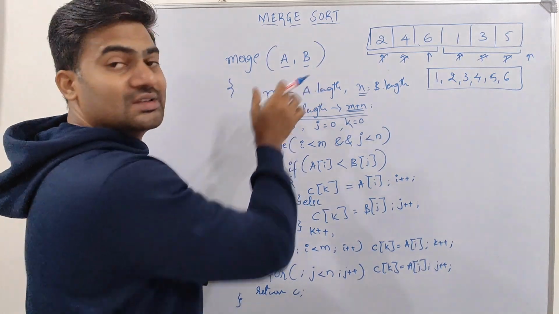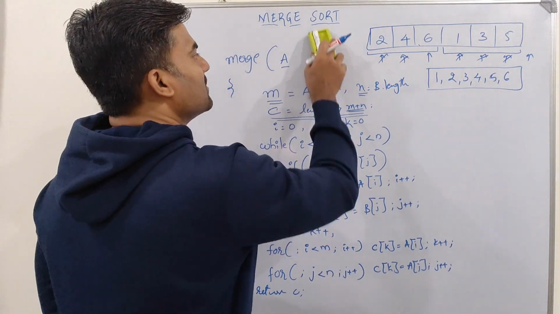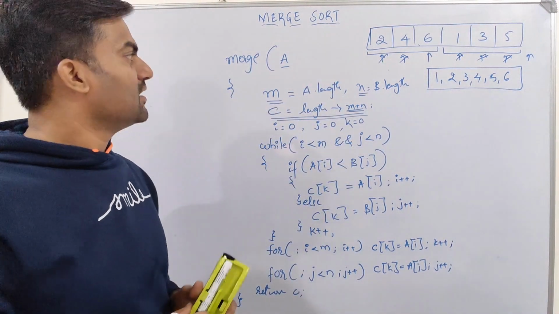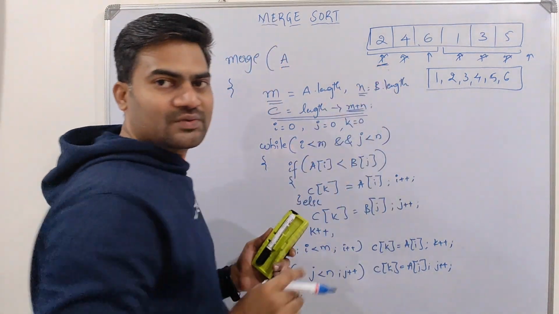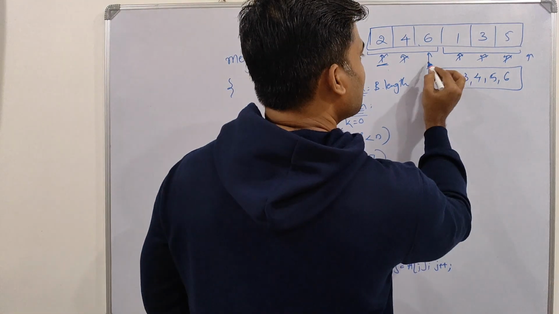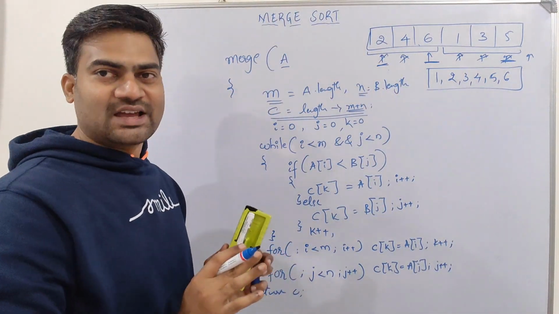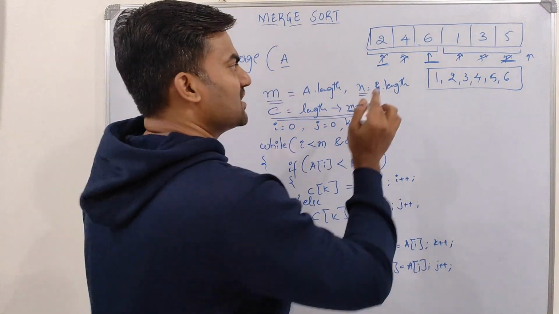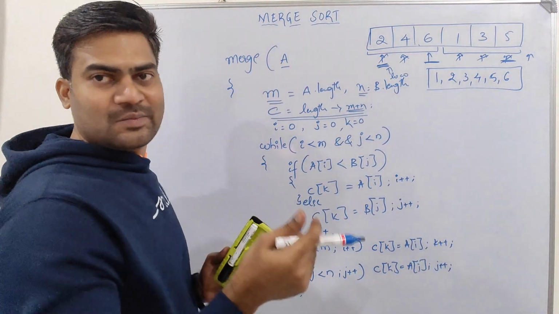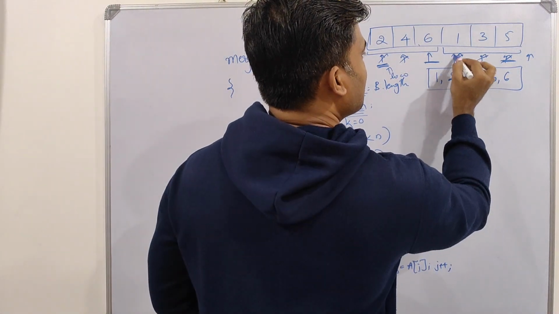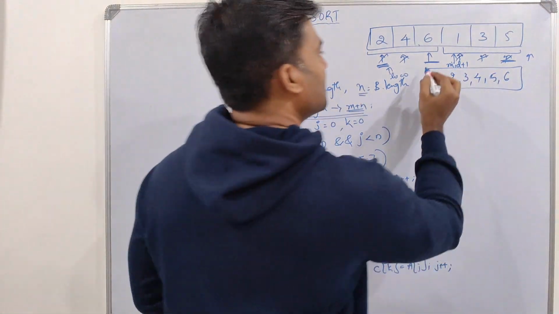Here we used two separate arrays, but now that is not the case. I have only one array, which is A. So what I should pass along with this is the lowest element, the mid element, and the highest element. Three things I should know, because my first pointer points here, which is the low, and my second pointer points here, which is one place after my mid.